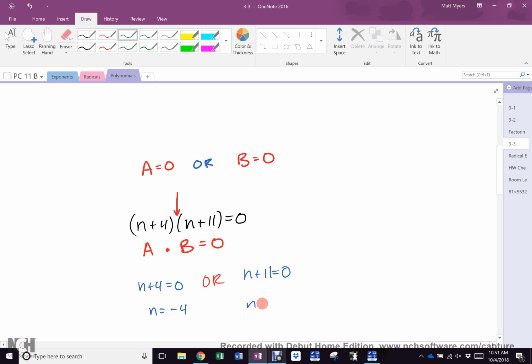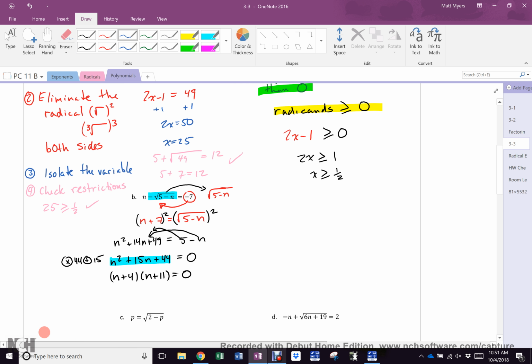What would n be? Minus 11. Negative 11. So n has to equal either negative 4 or negative 11. Does everybody understand that? Now, we've isolated the variable. N has to be one of those two.